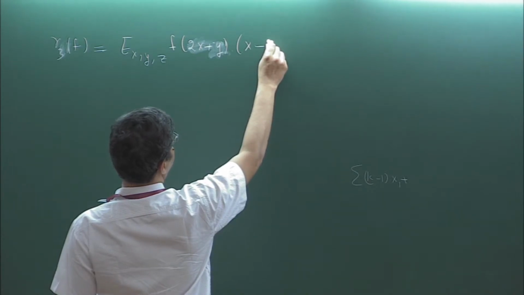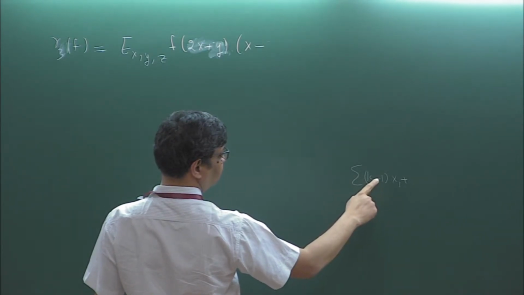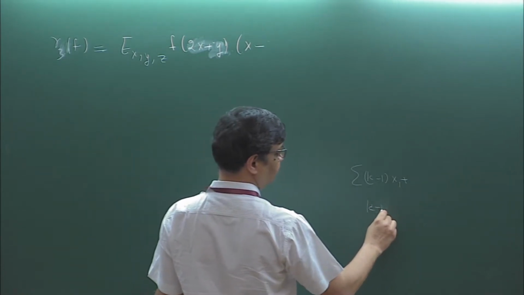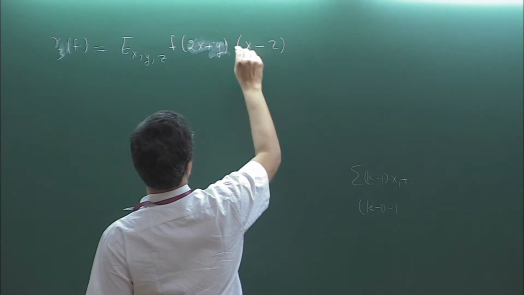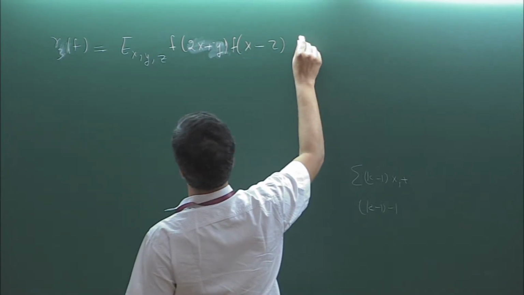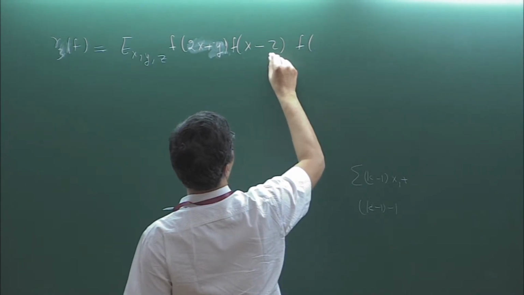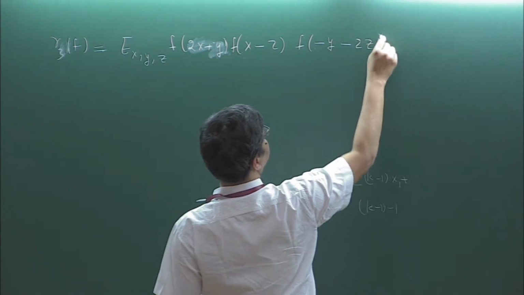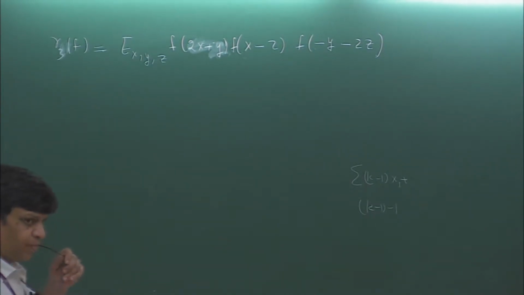Then k minus 1, which is 3 minus 1, is 2, giving x minus z, and f of minus y minus 2z. Okay. All right.